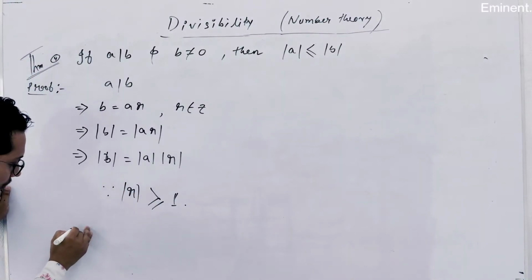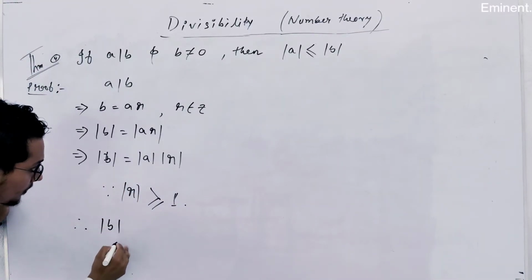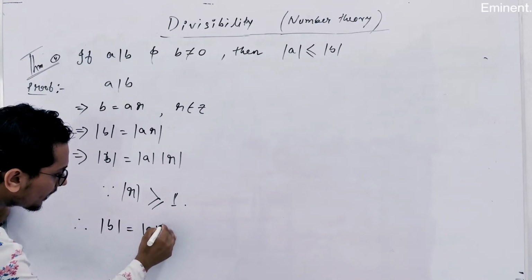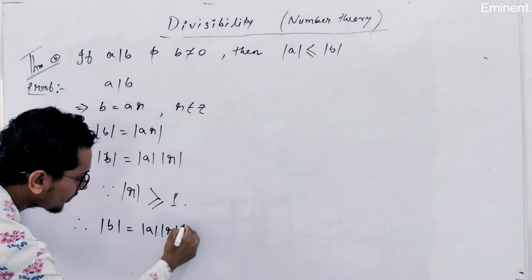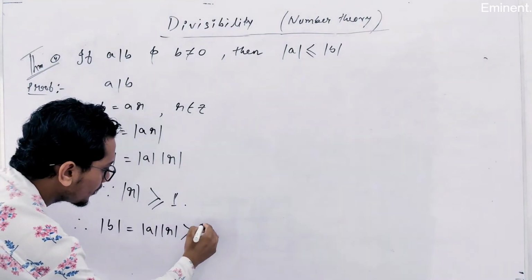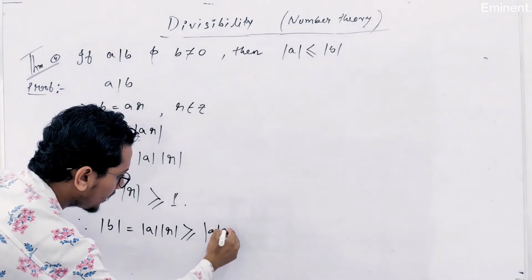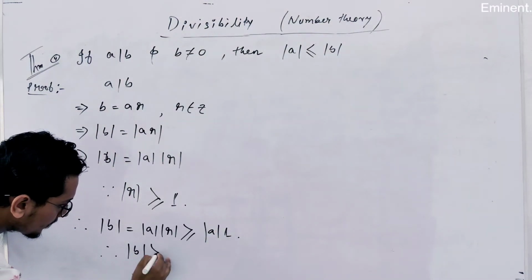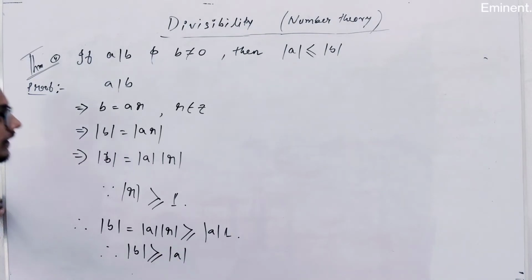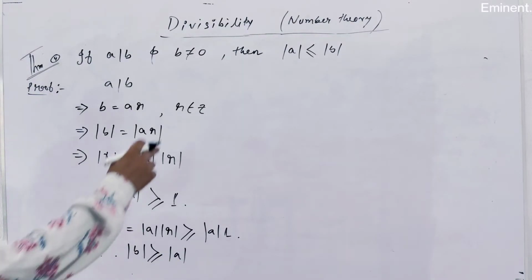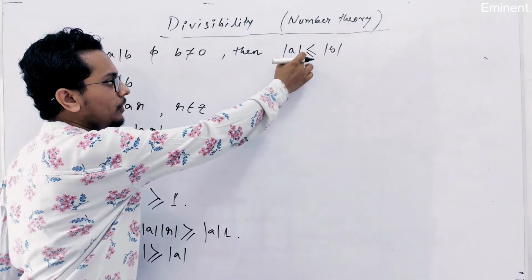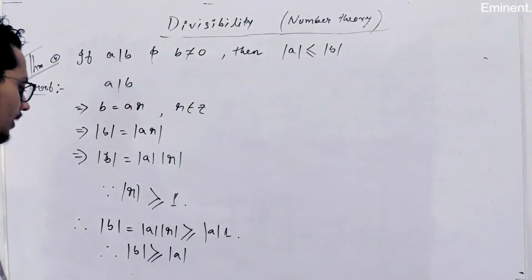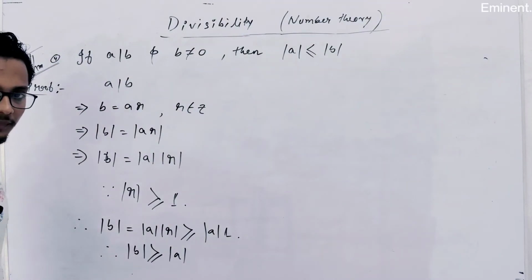That's why you can write mod B equals mod A times mod R, which is greater than or equal to mod A times 1. From here easily you can write mod A. Exactly what we need to show, that mod A is less than or equal to mod B. I hope you understood this theorem.